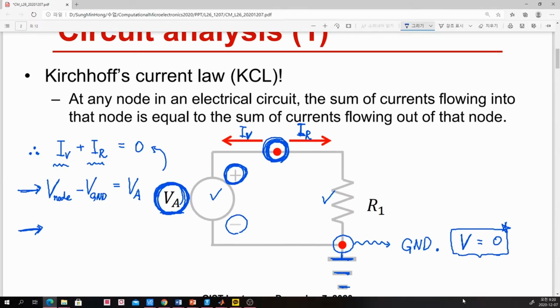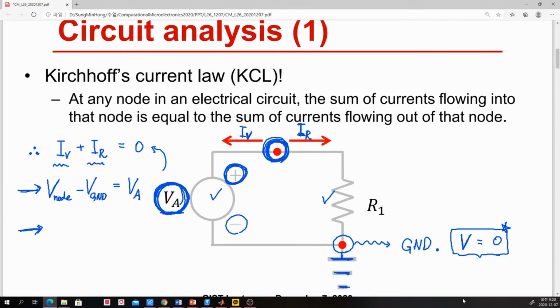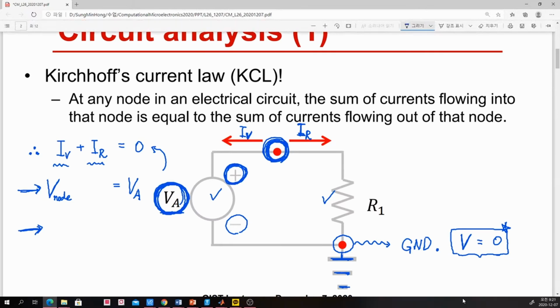However, you know that our ground voltage is identically 0, so we can say node voltage equals V sub A. That is too simple.